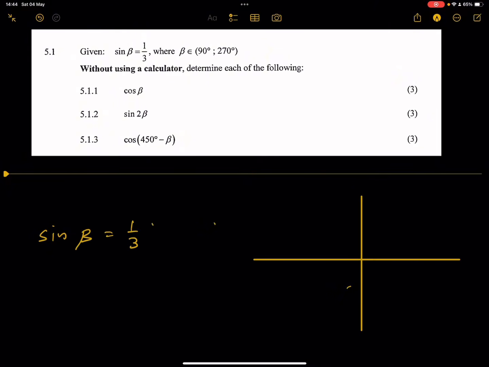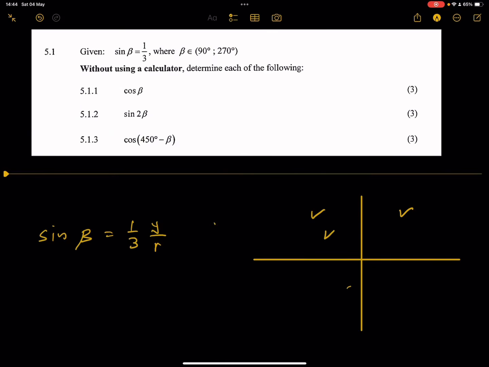Now remember, sine is y over r, or you can say opposite over hypotenuse, right? So if you notice there, our sine is positive. Now where is sine positive? Sine is always positive in the first quadrant as well as in the second quadrant, right? But in this case, they said beta is an element of 90 to 270.